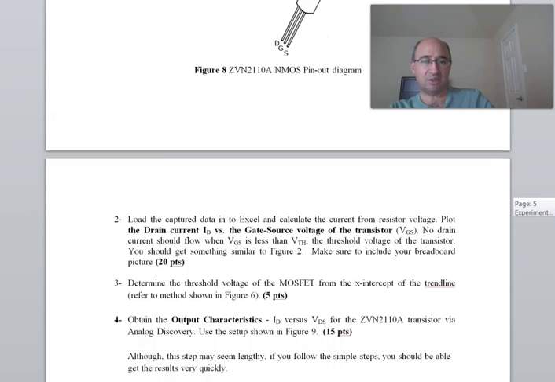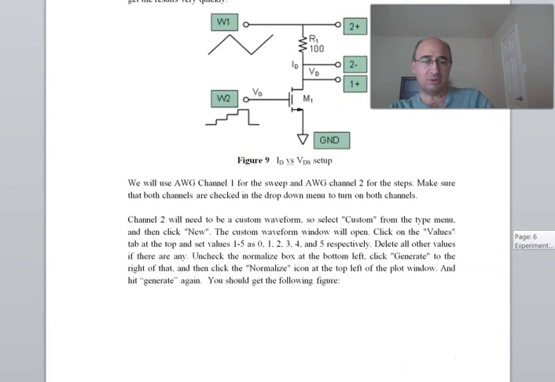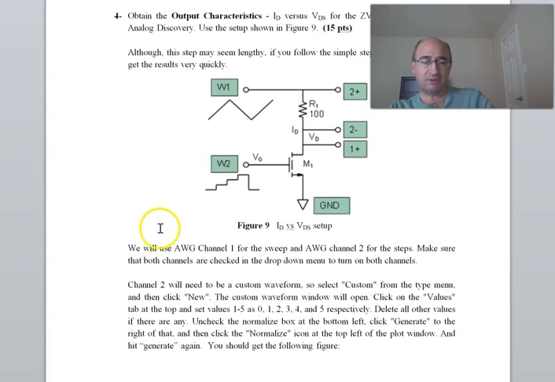Now the second lab is the output characteristics, and it requires you to apply a triangular wave at the top part, and then the gate gets a step function, and the settings are also included. If you follow these steps, it should be relatively straightforward.